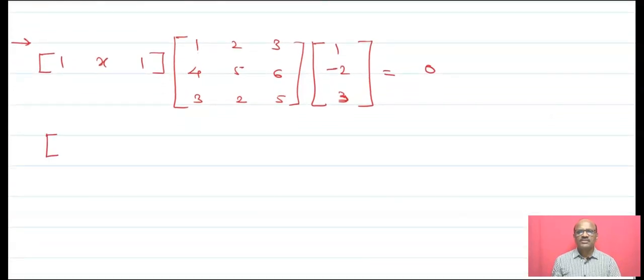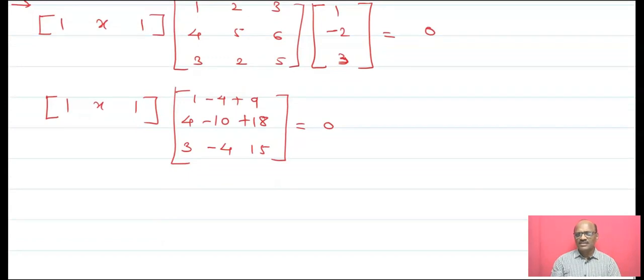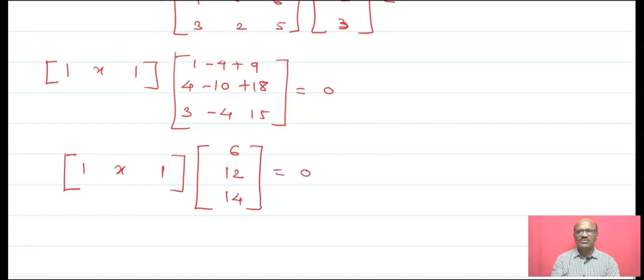Now the multiplication of the 1 by 3 and 3 by 1 matrix. That is first row, single column. Therefore we are getting 1 minus 4 plus 9, and their respective addition gives 6, 12, 14 equal to 0.